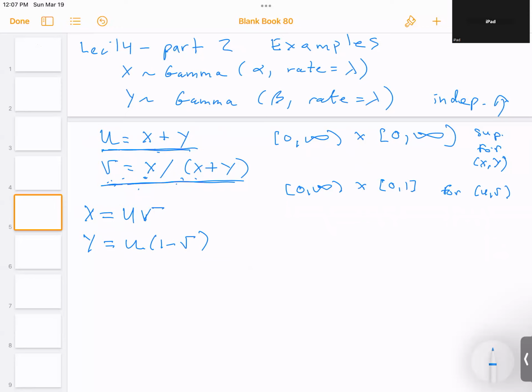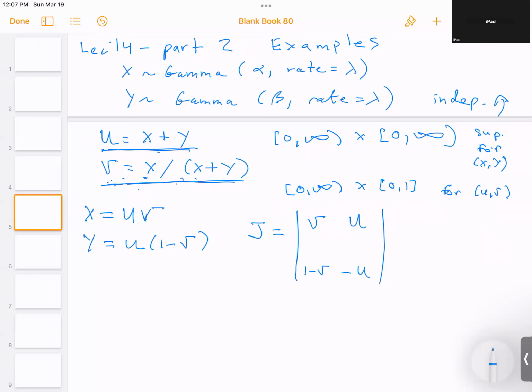What is the Jacobian here? I want the determinant. First I take the x function, differentiate with respect to u, I get v, and with respect to v, I get u. Take the y function, differentiate with respect to u, I get 1 minus v, and with respect to v, I get minus u.